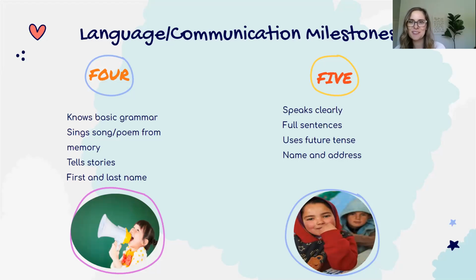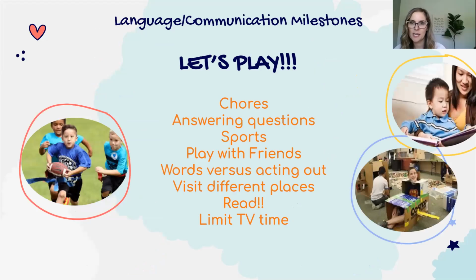They can use future tense correctly. So maybe like, Nana is coming over tomorrow, or will be here soon. 5-year-olds can use their first and last name and their address as well. So how to bulk up this milestone? Through play, of course.